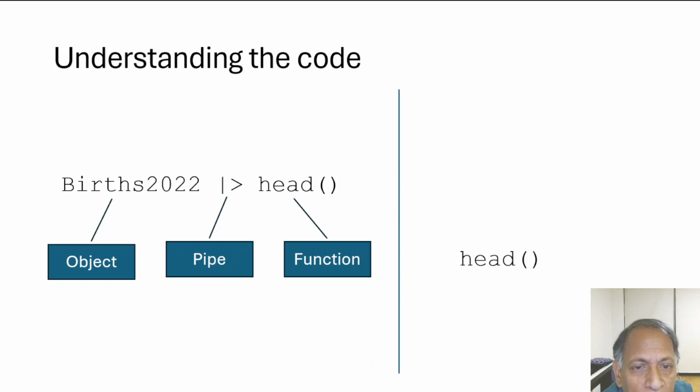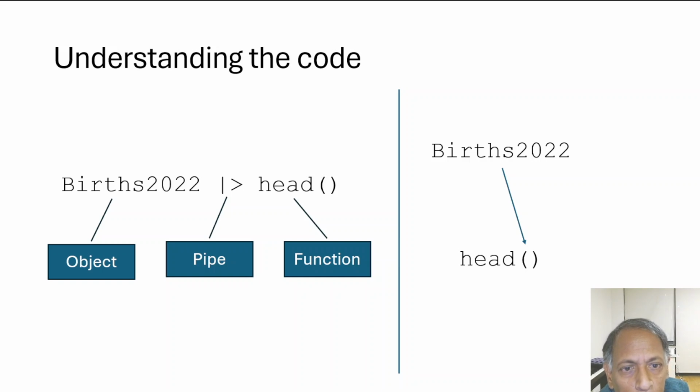So you have births 2022, and through the arrow, you can think of this arrow as really the pipe. Through the pipe we are pushing it in as an argument to the function head, and it gives back the result.